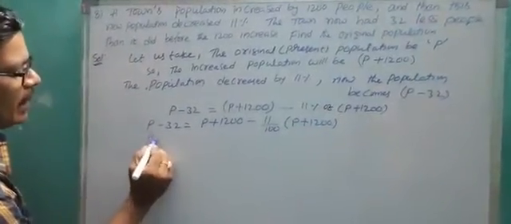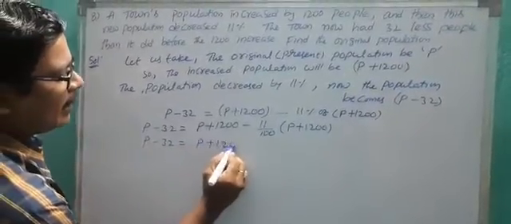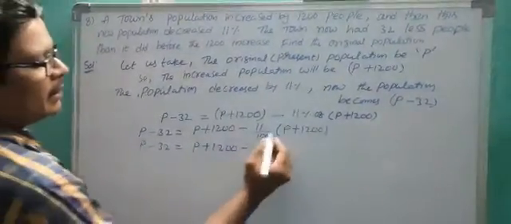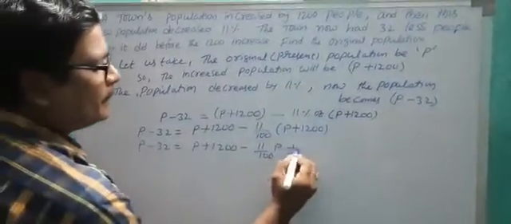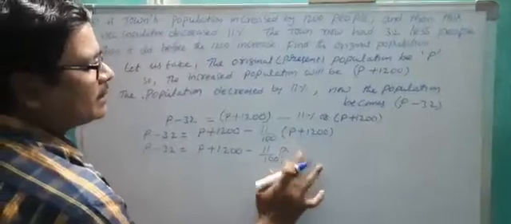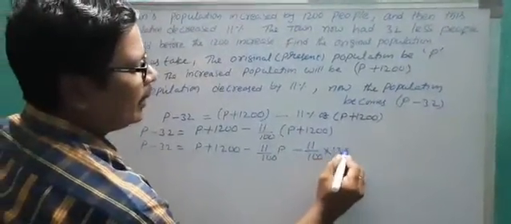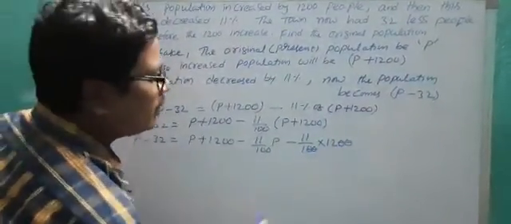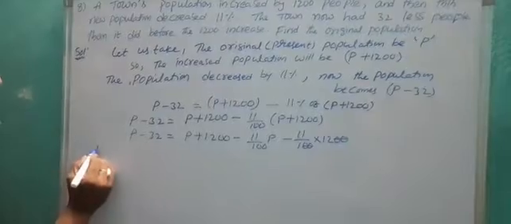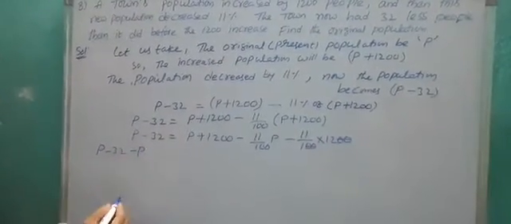So P minus 32 is equal to P plus 1200 minus 11 by 100 into P, plus of minus 11 by 100 into 1200. Okay, so two zeros cancel.